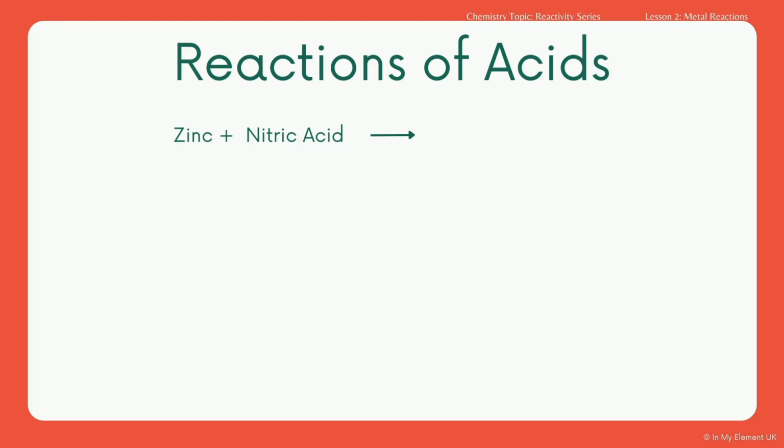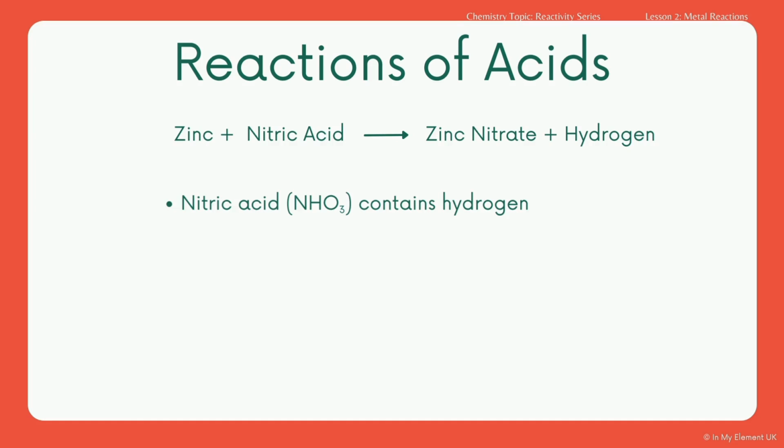Now, you've got to be able to write those word equations. So zinc will react with nitric acid, and the salt that will be formed, we already know hydrogen is released, the salt that will be formed is zinc nitrate. Now, what's happened is that the nitric acid has a formula of HNO3. That means it contains hydrogen.